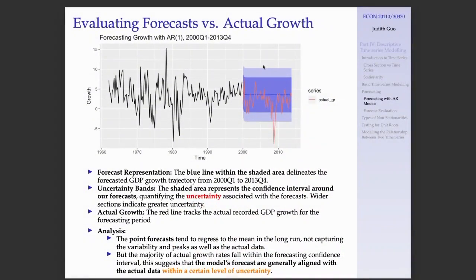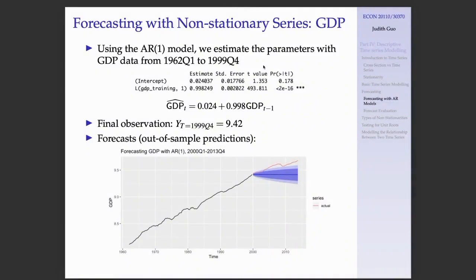Now, what happens if we forecast with a non-stationary time series? This is also very important, and it's why we need to distinguish between a stationary and a non-stationary one. So we recall that the GDP is highly likely to be a non-stationary one, given that the estimated alpha 1 is very close to unity.